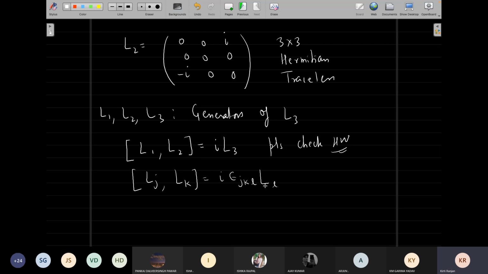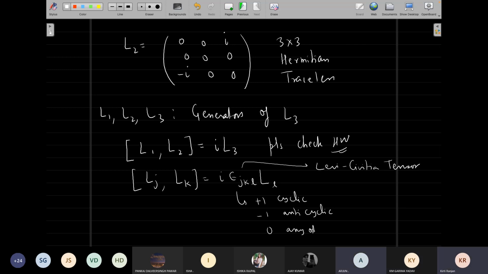This is the famous commutator algebra. ε_jkl is called the Levi-Civita symbol or tensor. And what property does it enjoy? +1, -1, 0: cyclic, anti-cyclic, any other, zero.